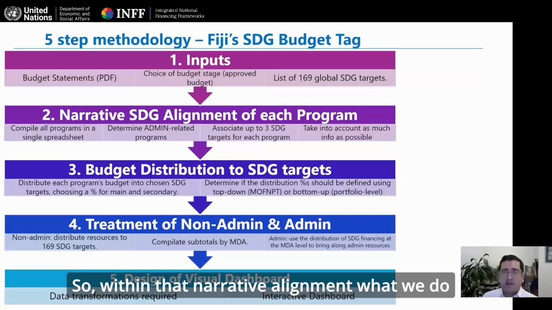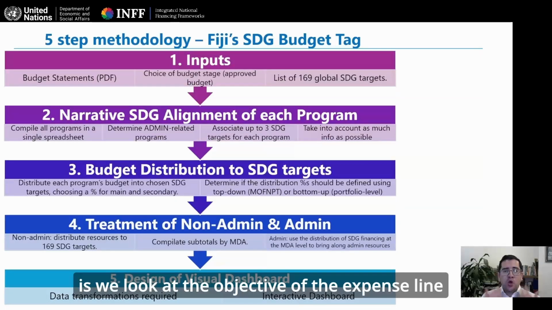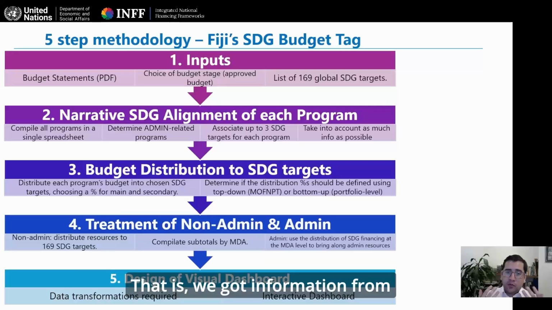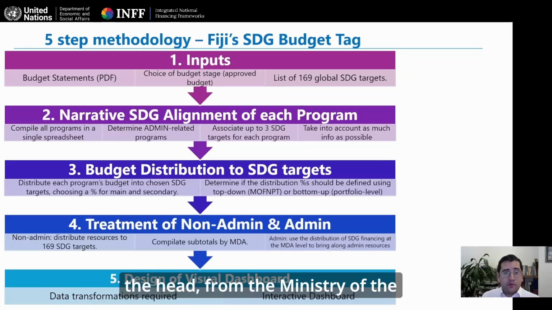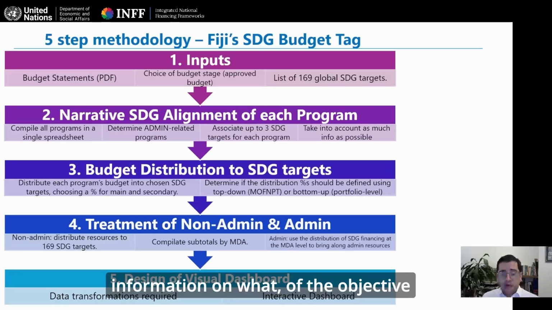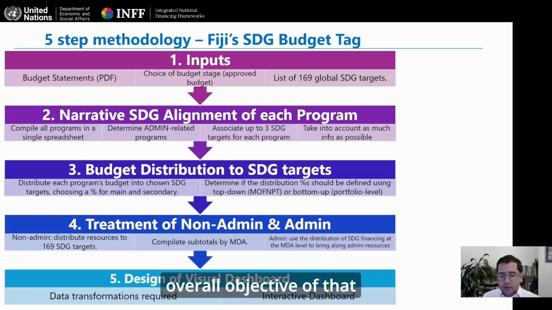Within that narrative alignment, we look at the objective of the expense line. We got information from the head of the ministry, department or agency. We have some information on the overall objective of that particular ministry for that specific fiscal year.